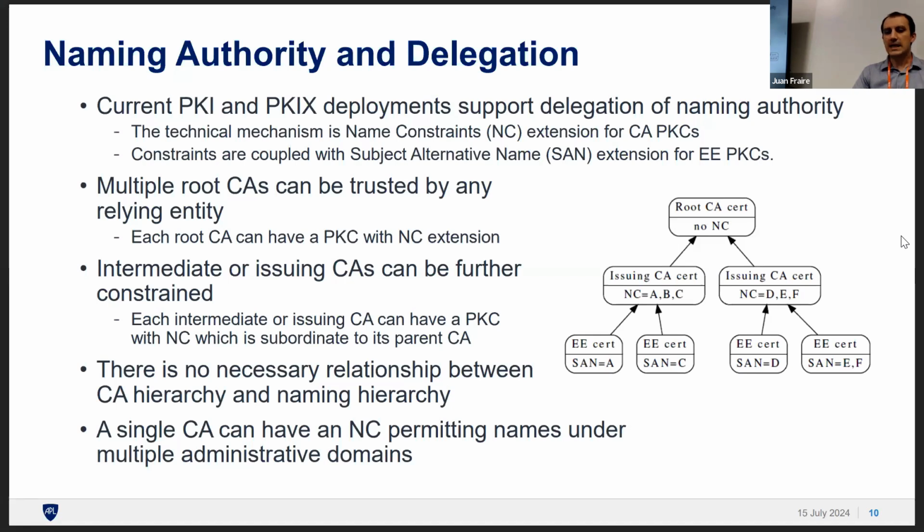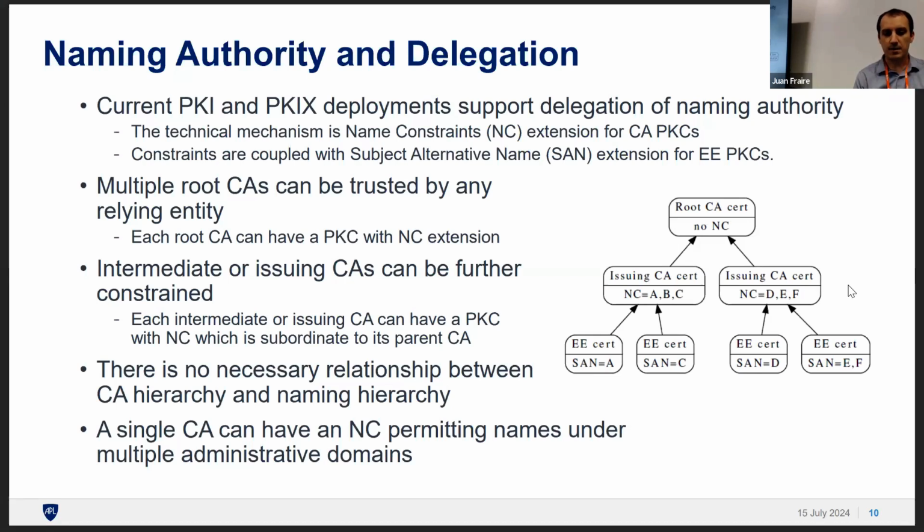It's a way of delegating authority. As in the example picture here, my root CA is trusted to name anybody, but it delegates to two other CAs: you can only name A, B, and C, and the second CA, you can only name D, E, and F. This is built into the PKIX, but this relies on an agreement of how name constraints are processed and how subject alternative names are validated against name constraints. It's very nuanced, and it requires not just concepts but specific processing algorithms that everybody has to agree on.